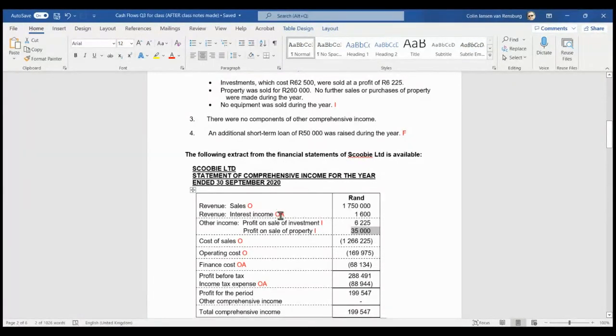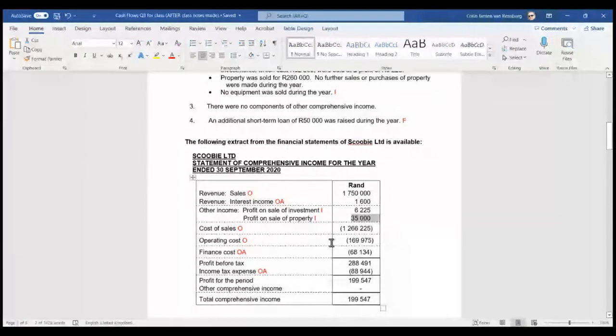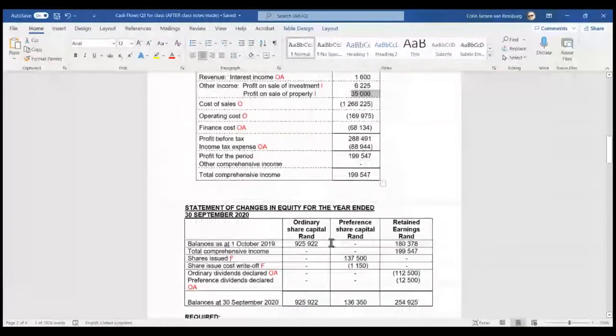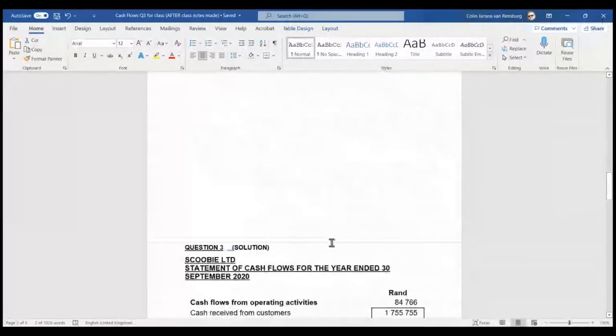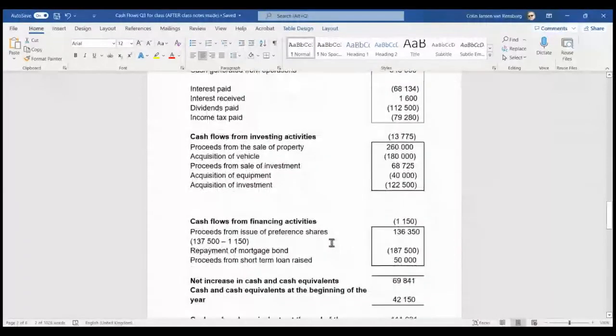So we had our sales, we had our two kinds of revenue from sales and revenue from interest income. We've added the profit on sale of investment. We've added the profit on sale of property to arrive at our profit before tax. So we don't need to come back to here. We already know now. To eliminate it, we'll have to go and deduct it. But we'll go through the argument again.